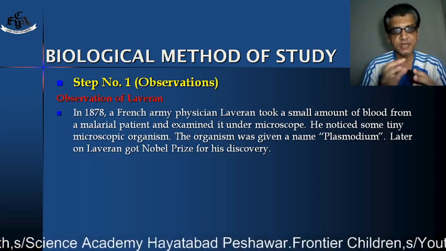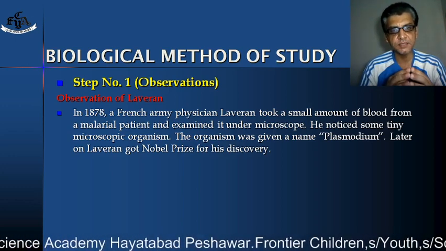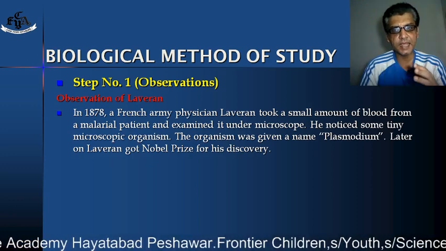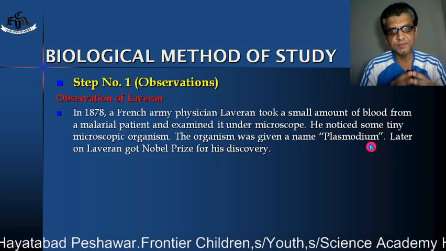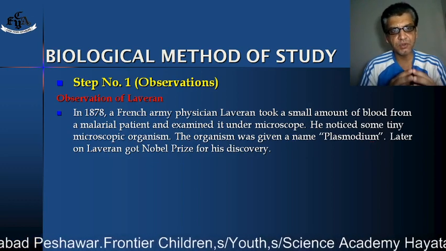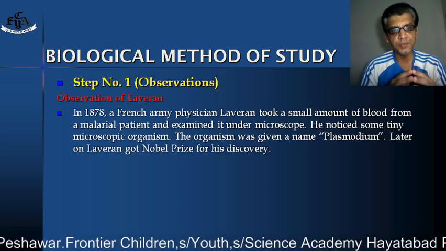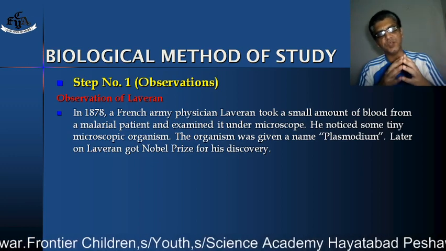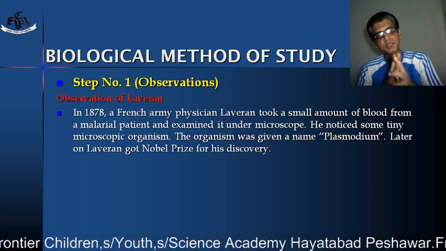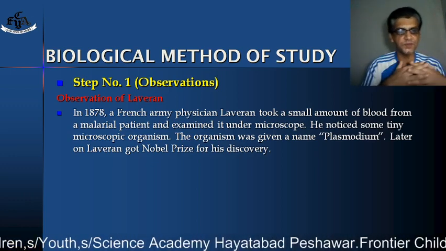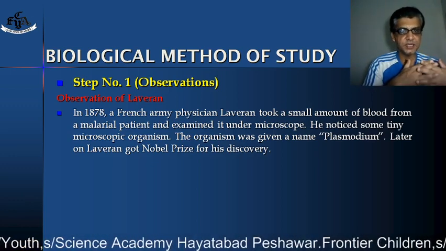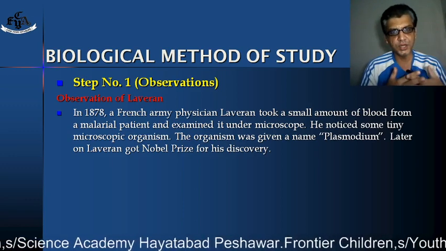Later on, that microscopic organism was given the name Plasmodium. For this discovery, Laveran later got a Nobel Prize. So these were some of the past observations and the 1878 observation of Laveran.